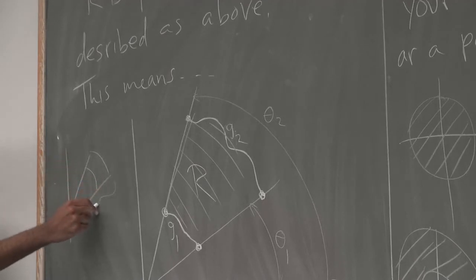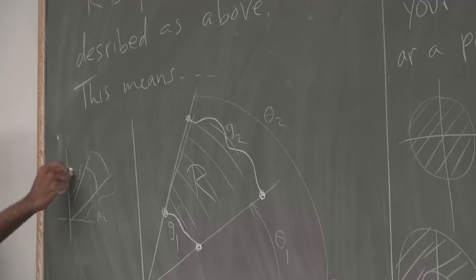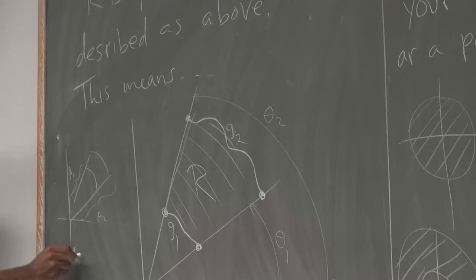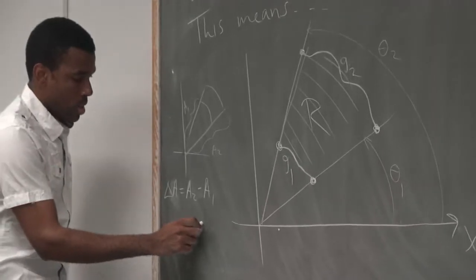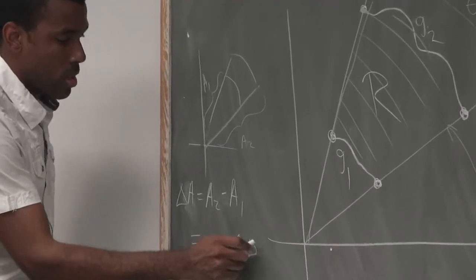Let's say the area of this whole thing is A2, and the area of this inner piece is A1. It turns out that your delta A, which is A2 minus A1, is equal to r delta theta delta r.